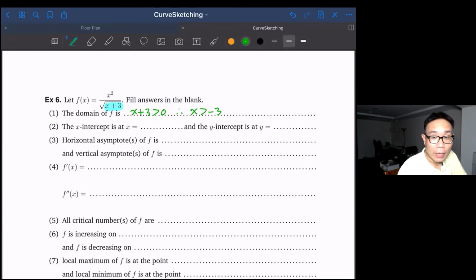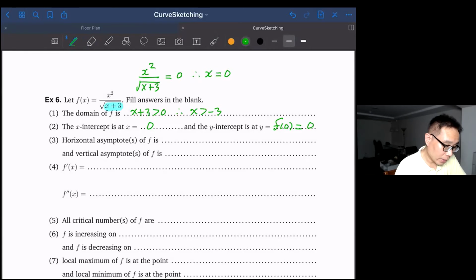Okay. And for the x-intercept, you have x squared over the square root of x plus 3 equal to 0, so you have x equal to 0. And the y-intercept will be f(0) equal to 0.